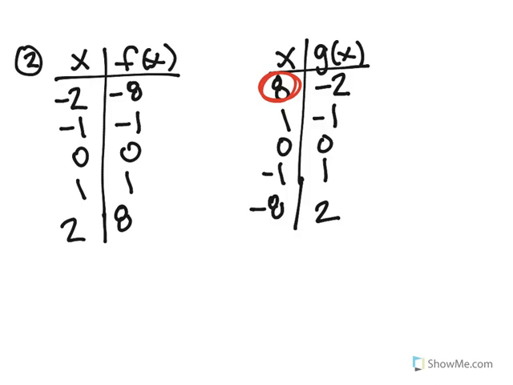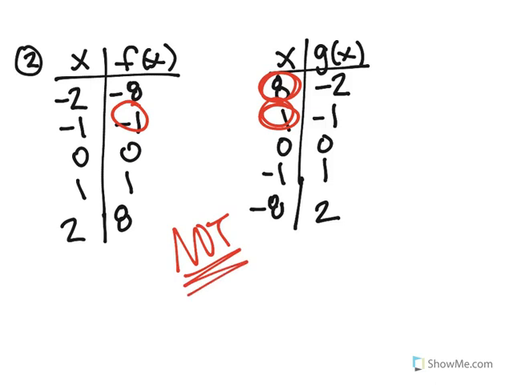Even on the second one, you must have that negative on that 1. So these are not inverses because my signs are different. In order for them to be inverses, yes, they have to switch places, but the signs do not change. So they are not inverses.